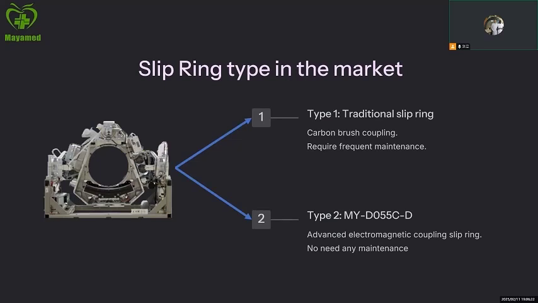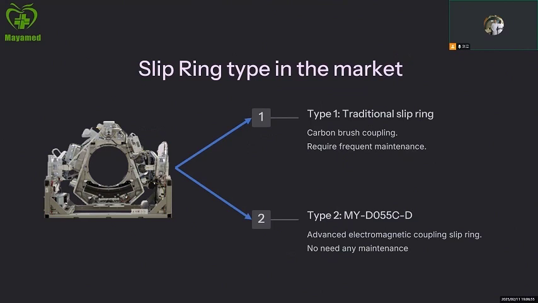And also, there are two types of slip ring in the market, which is very important. In this CT scanner, this is the most important advantage. The electromagnetic coupling slip ring makes it different from any other CT scanner in the market. The traditional CT scanner slip ring uses carbon brush coupling, and this type of coupling requires frequent maintenance.